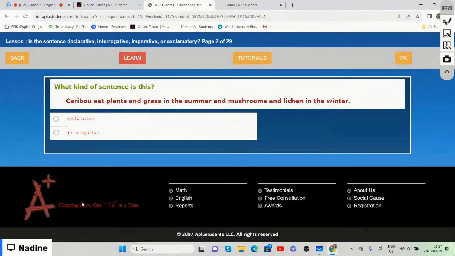Caribou eat plants and grass in the summer and mushrooms and leeches in the winter. We now need to say which kind of sentence it is. If we look at the sentence, we need to say if it's declarative or interrogative.